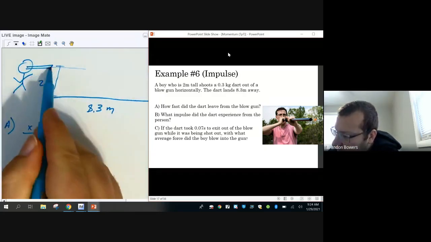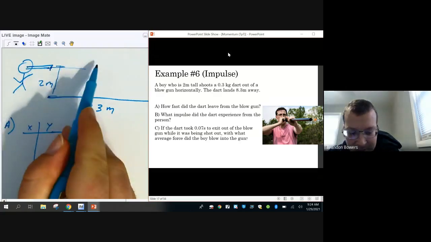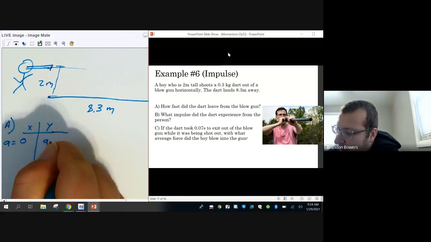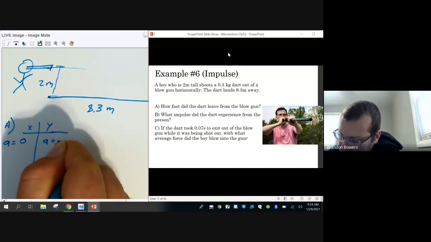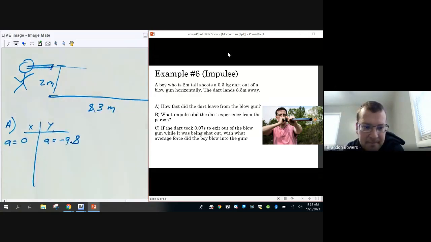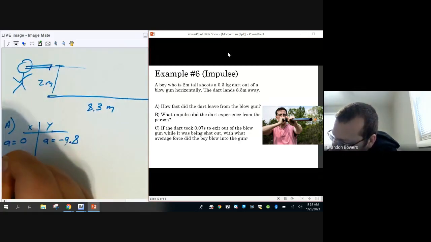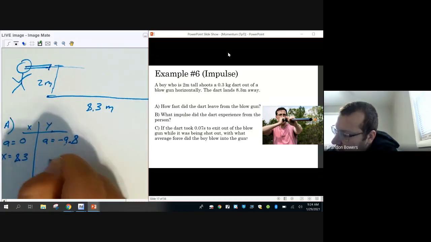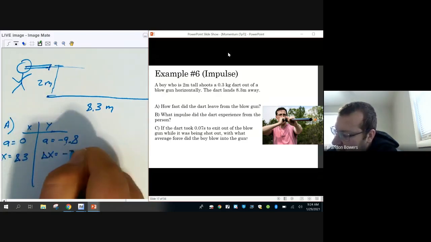When we're shooting horizontally, remember, horizontally, acceleration in the x is 0, whereas acceleration in the y is gravity, negative 9.8. We know my delta x, displacement in the x direction, is 8.3. My displacement in the y direction is negative 2.